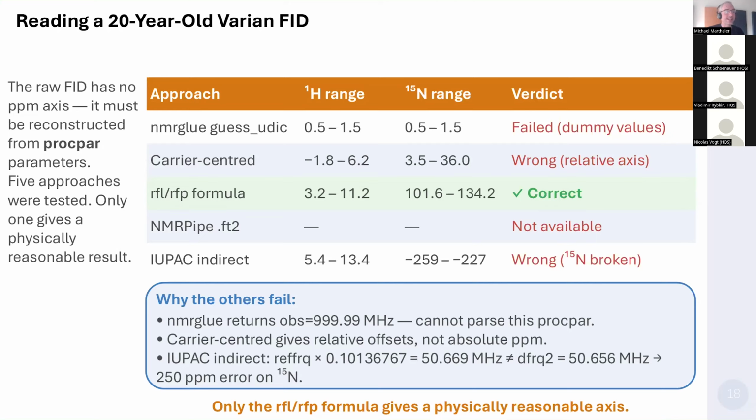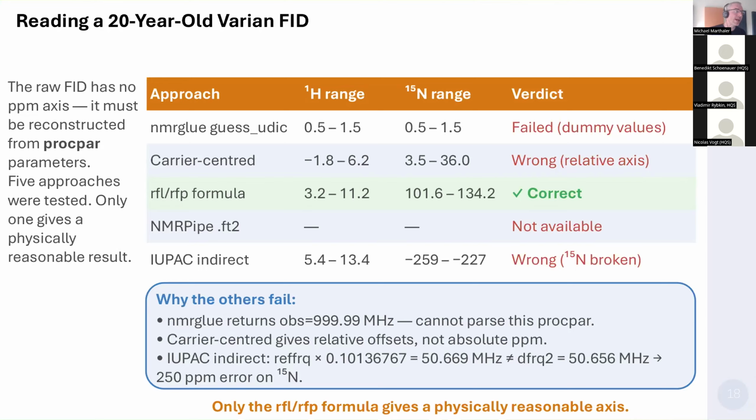That is given, and I have a carrier, and then I just take this as the middle and take the range around it. And this is, of course, completely wrong, or was also completely wrong. You can see it because the range of your frequencies is wrong for what you expect from a protein. But you can also compare it to the BMRB values and see that this is wrong. And so you need to do it differently.